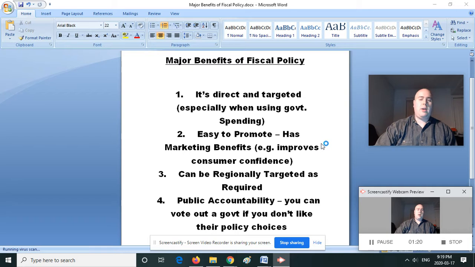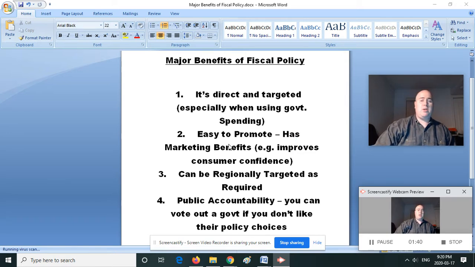And you can target where you want to put that money in terms of location. You can target where you want to put it in terms of economic activity and what you want to be buying, who you want to be giving it to. And so certainly that's one of the big benefits, is that as a government, it's like a checkbook that you can use to put money in where it specifically is required.